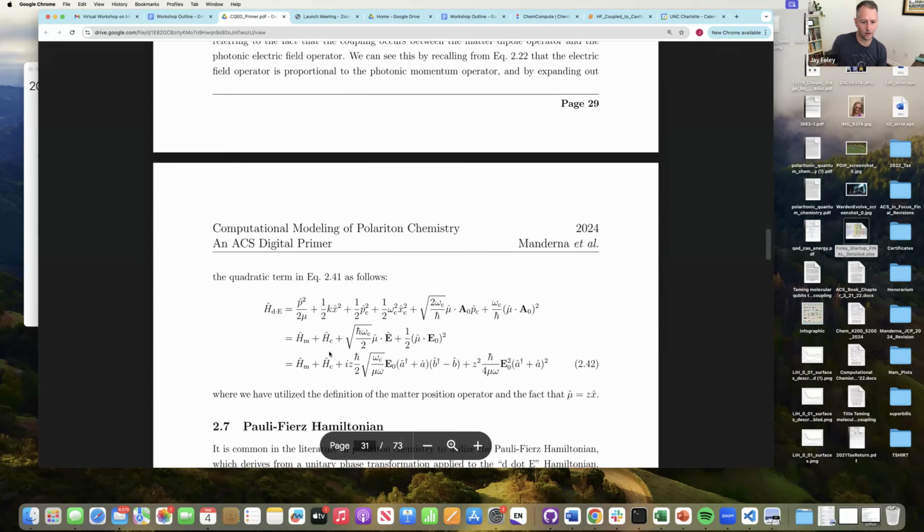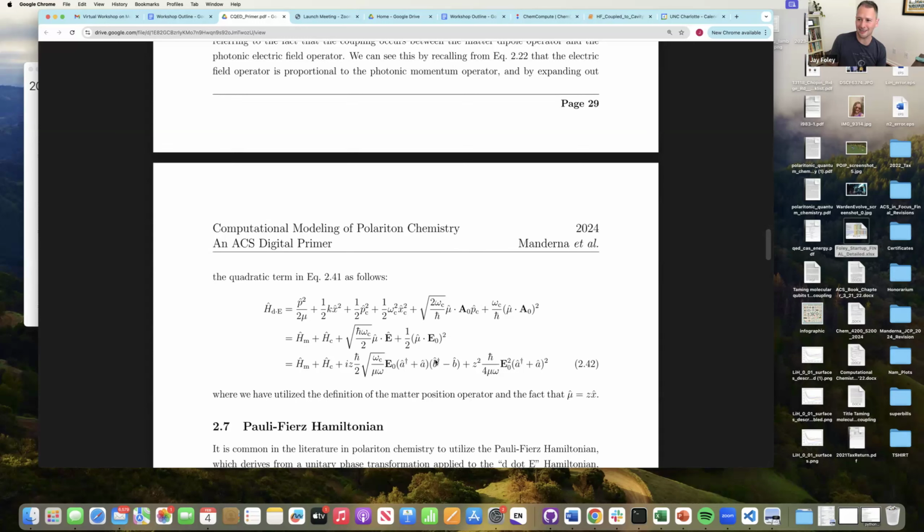And the final form here is you've got a matter term, which is a harmonic oscillator, a cavity term, which is a harmonic oscillator, and a different bilinear coupling term, which has really got the dipole operator of the matter dotted into the electric field operator of the cavity. So things have switched. Now you've got B dagger minus B and an imaginary unit, because that is the electric field operator for the cavity.